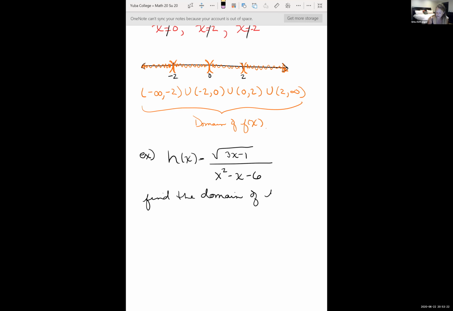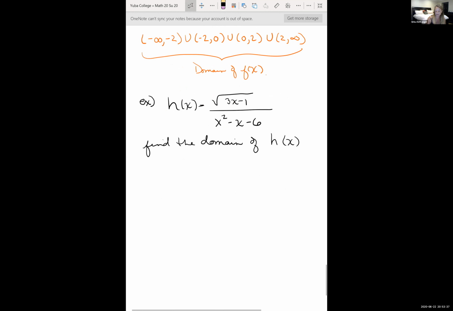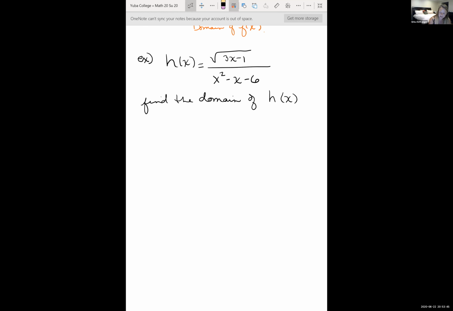So we want to find the domain of h of x. Okay, so here we got multiple places that are going to give us problems that would not give us back a real number. So trouble spots.